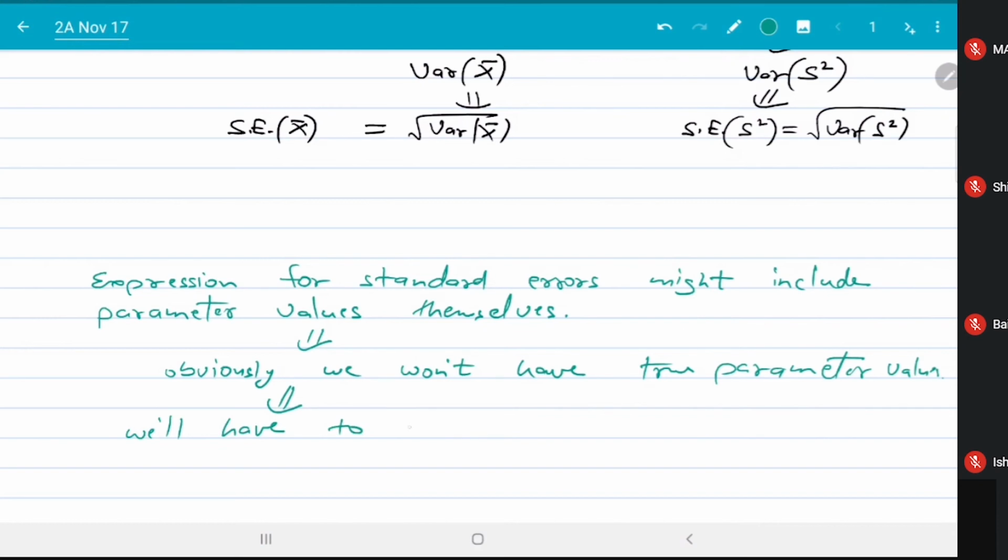We'll have to substitute estimated values of parameters in the expression for standard errors.